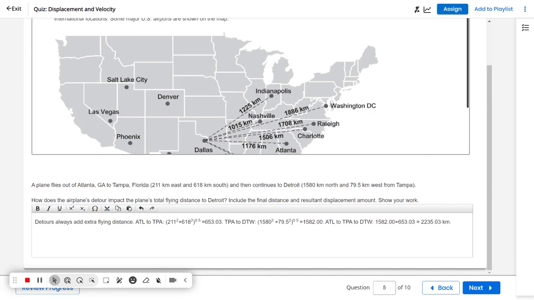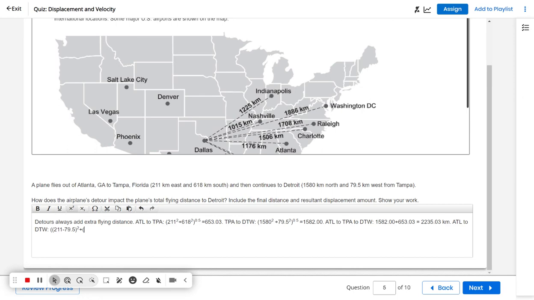Now I want to find the resultant. I'm going to take the 211 going east, then subtract 79.5 from that 211 going east, then square it, because I'm looking for the horizontal direction.